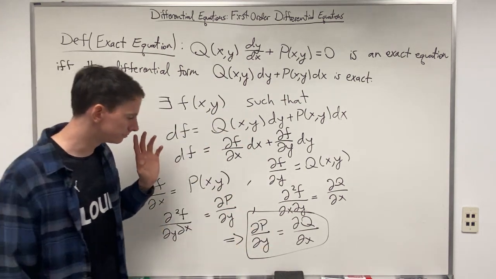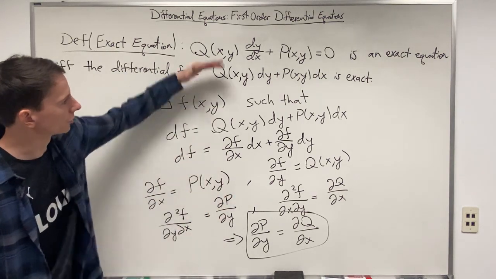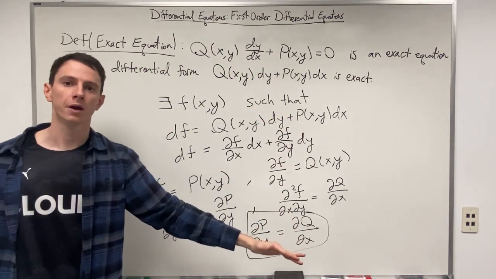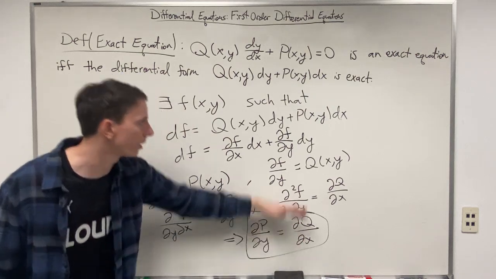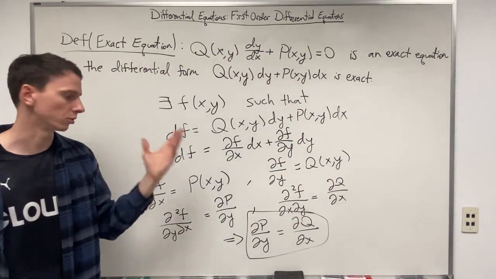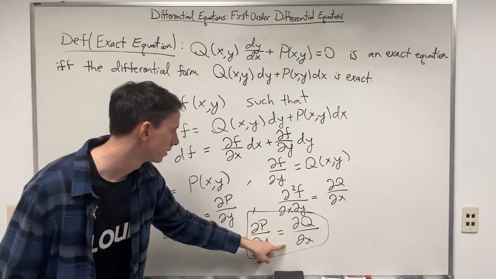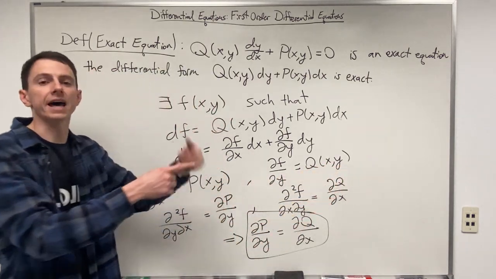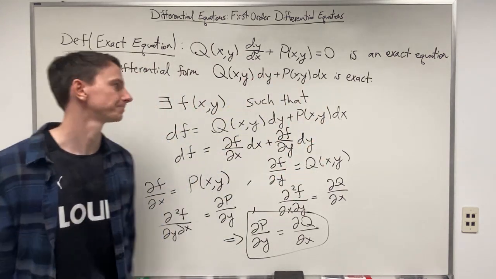Now, I want to mention this because Dexter mentions this: the logic that we've just gone through goes from top to bottom, but you could ask yourself, does the corresponding logic from bottom to top of the whiteboard also hold true? In other words, if this condition is satisfied, or really if we have this system of equations, does that then imply that this differential form is exact?